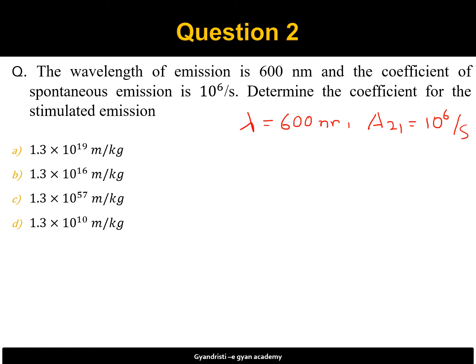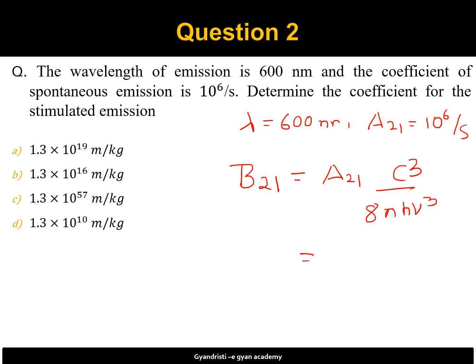Now we have to calculate the coefficient of stimulated emission. The coefficient of stimulated emission is related to the coefficient of spontaneous emission by the relation A21 into c cube divided by 8 pi h nu cube.